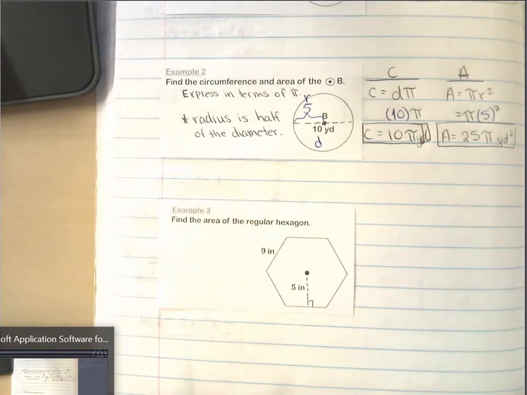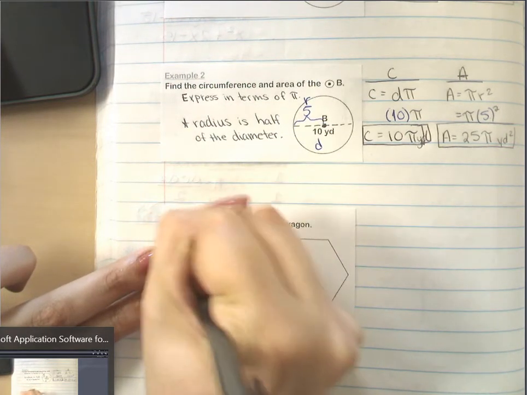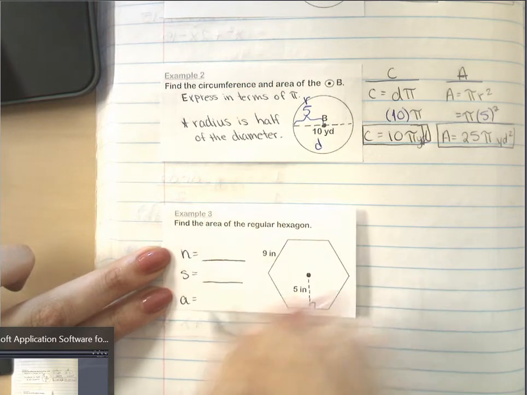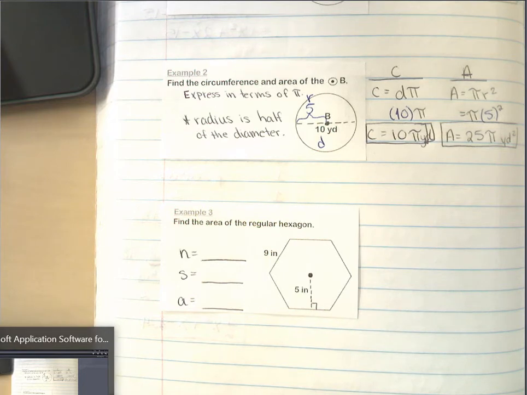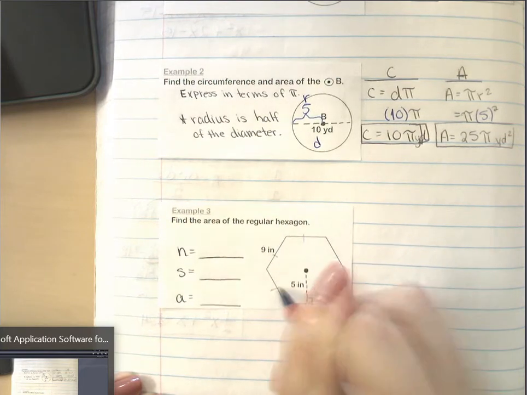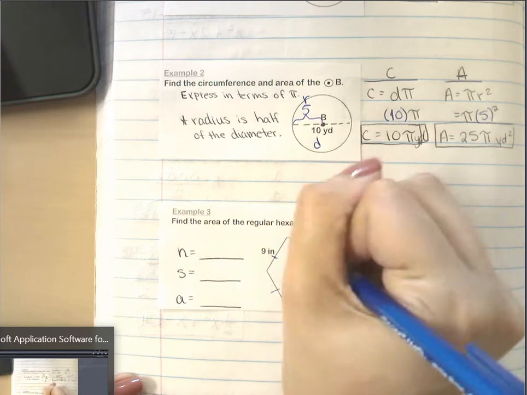So right here, I'm just going to write NSA. Those are the pieces of information that I need. So again, N is the number of sides. So there's 1, 2, 3, 4, 5, 6. I count them. N equals 6 because there are 6 sides.